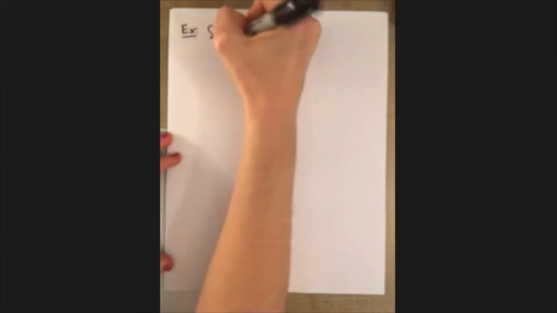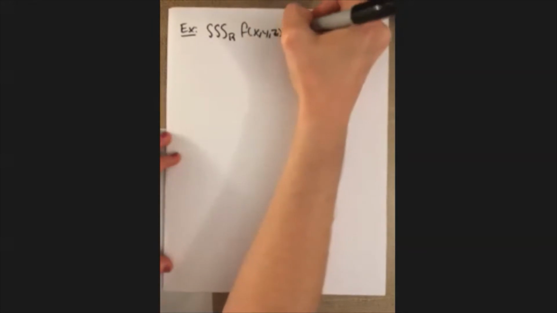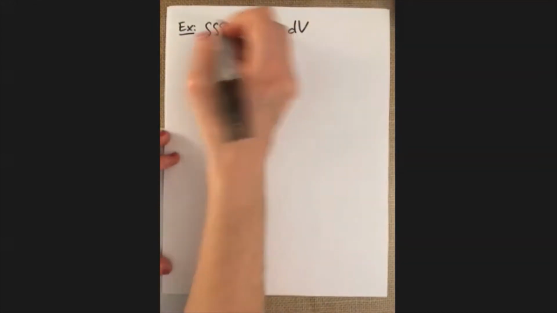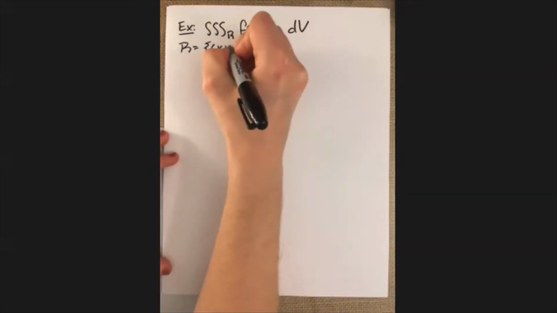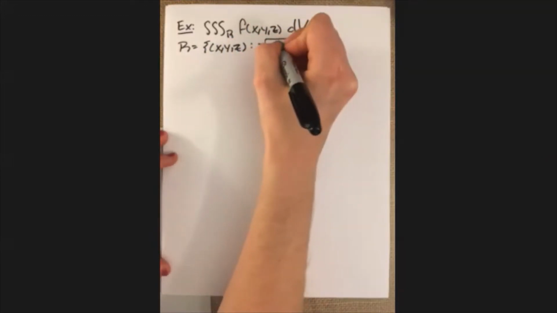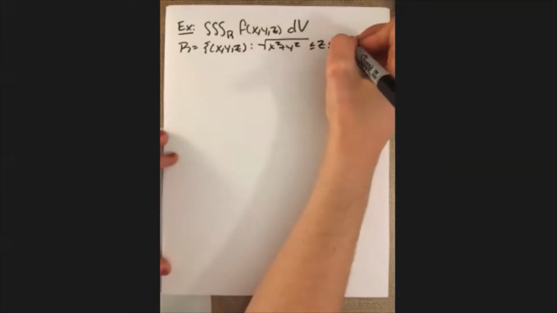So in our first example here, we're going to have a triple integral over a region R of some function f of x, y, z, dV. And we're going to convert our region R into a different coordinate system. So R is going to be equal to the set of x, y, z such that the square root of x squared plus y squared is less than or equal to z, which is less than or equal to 3.